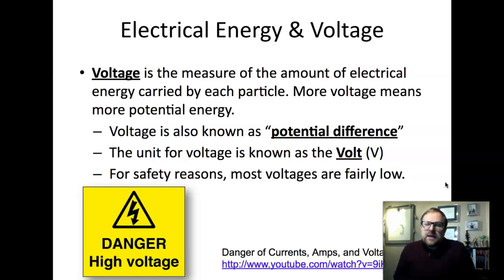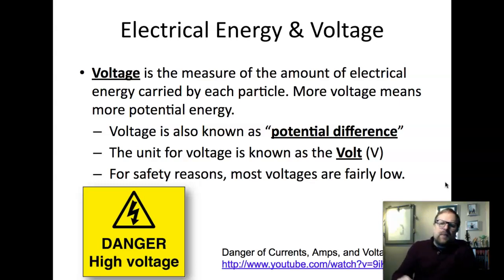Okay? For safety reasons, we keep most voltages quite low. In our houses, the average voltage coming out of a circuit in our house is 120 volts. But your stove, if you have an electric stove, operates off of 240 volts, which is very, very dangerous. 120 volts is dangerous, 240 volts is twice as dangerous.